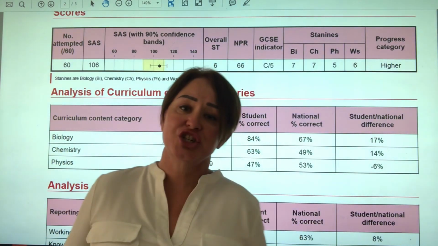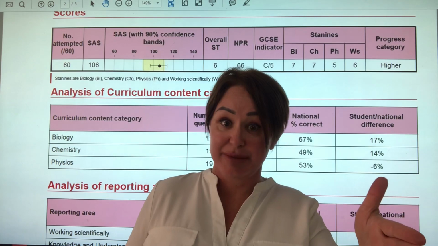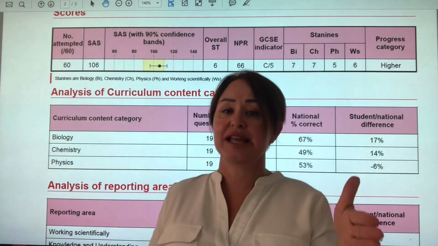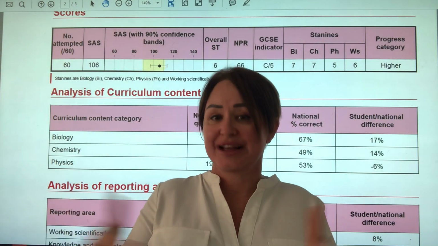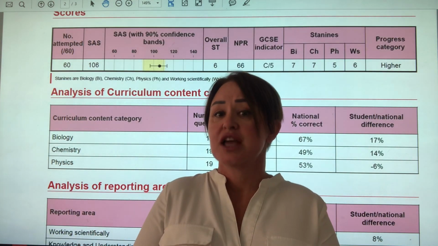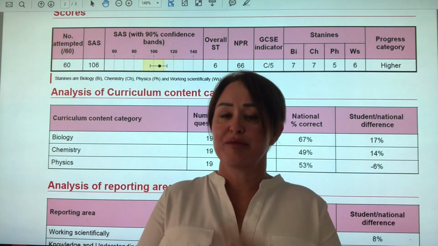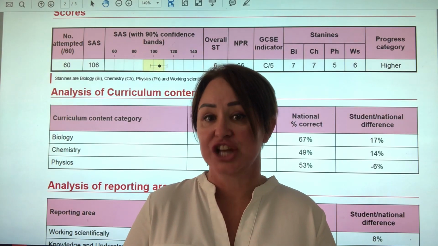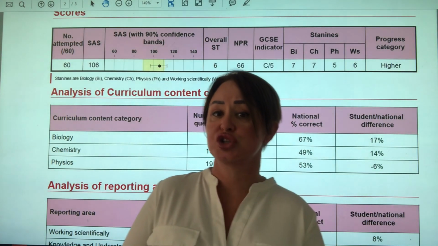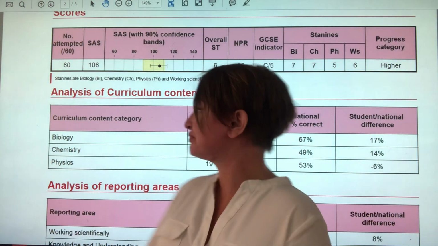So the question is, is it fair to compare the score of that child born on the 1st of September, who's lived almost a whole year more of life, with the child born much later on the 31st of August? So what the statisticians do, they have an algorithm, they put all the information in and they come up with a number called the standardised age score, and that enables us to compare one child to another despite their age.